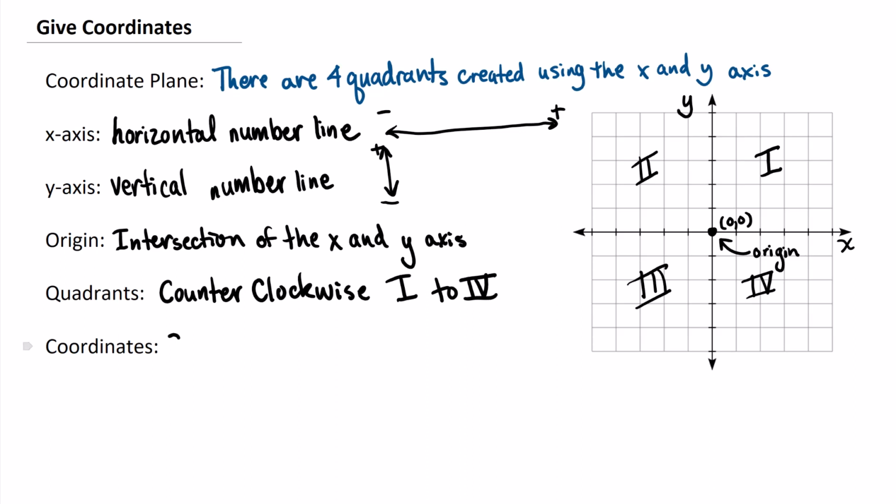So coordinates are directions to a location, where the location is listed as x values and then y values from the origin.